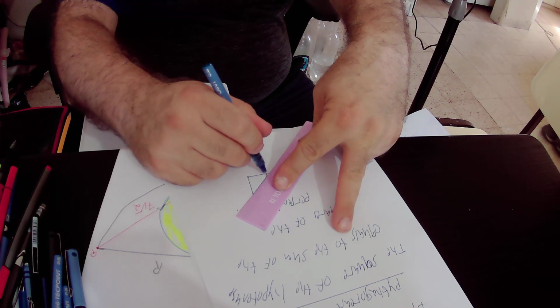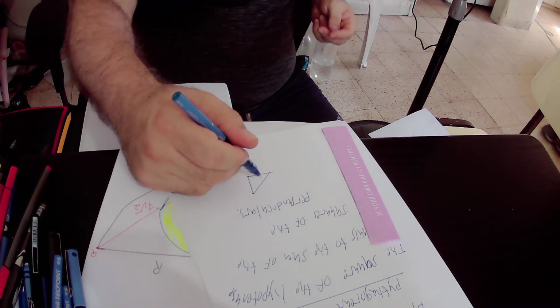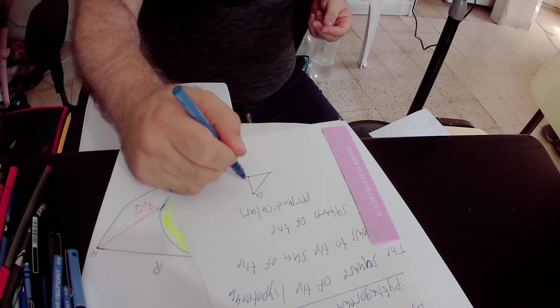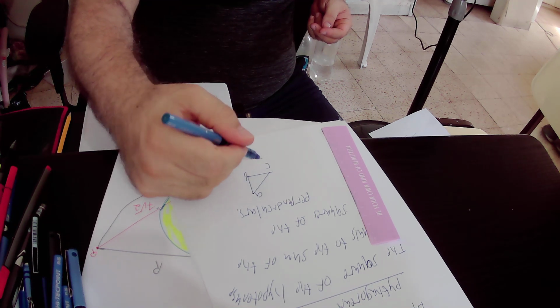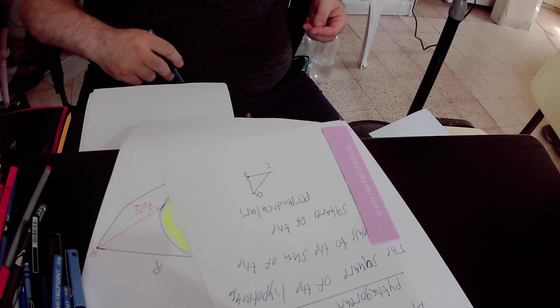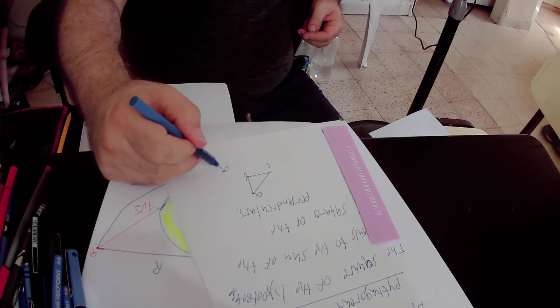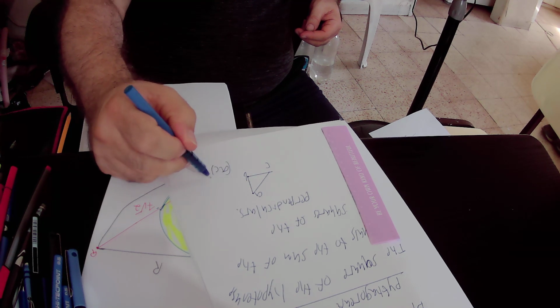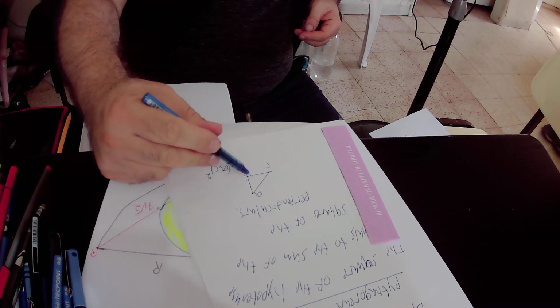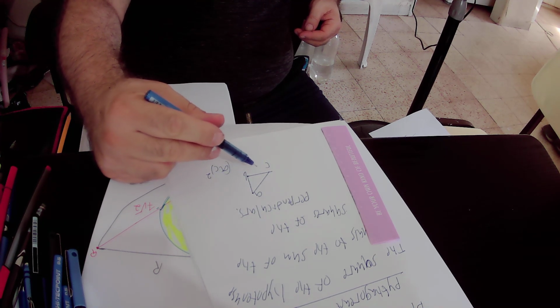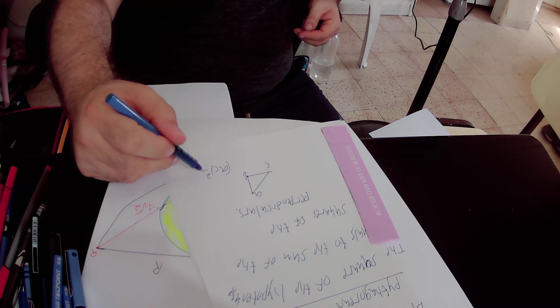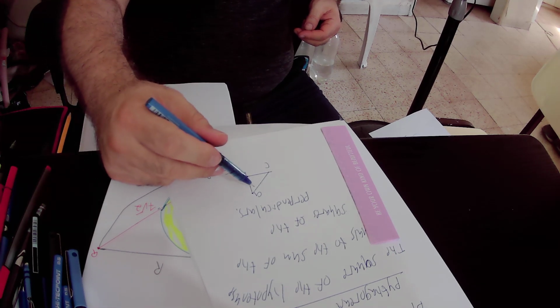The Pythagorean theorem states that the square of the hypotenuse, that is to say AC square, equals the sum of the squares of the perpendiculars.